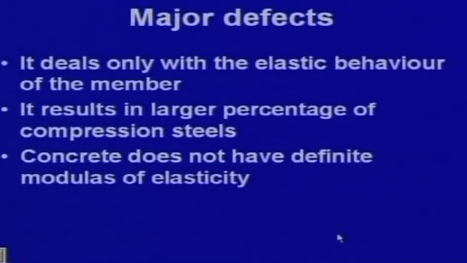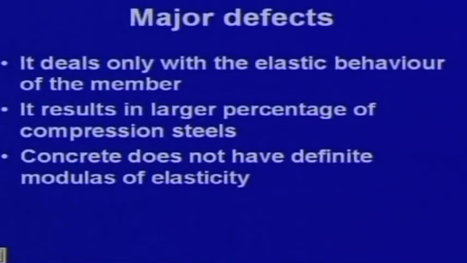The other problem is that concrete does not have a definite modulus of elasticity. This is one big problem, though we assume that concrete has a certain modulus of elasticity. Roughly we can say 25,000 Newton per square millimeter.